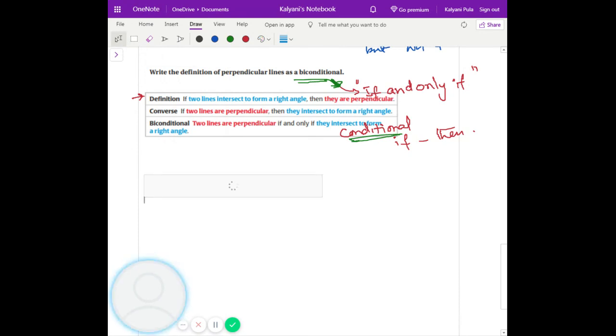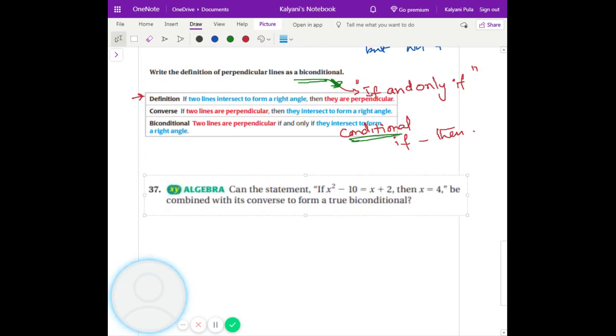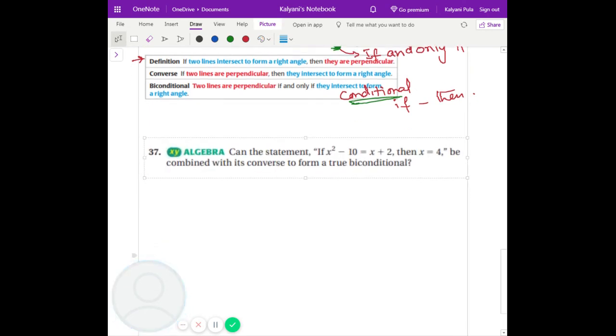Let's see. Arjun, read the question. Can the statement "if x squared minus 10 equals x plus 2, then x equals 4" be combined with its converse to form a true biconditional?